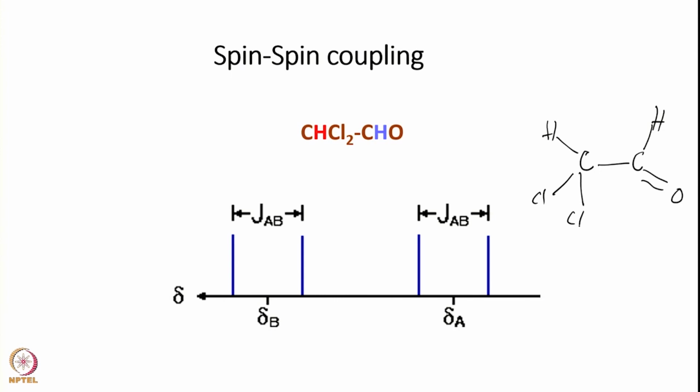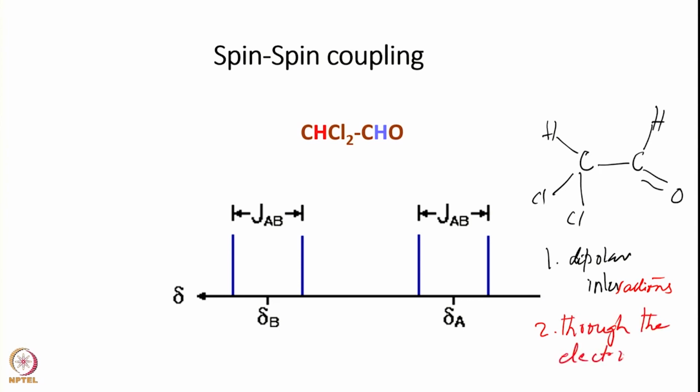So, there are two kinds of interactions possible, dipolar interaction, okay, dipolar interaction, or there is the other, what is called through the electrons. Through the electrons in the intervening bonds.